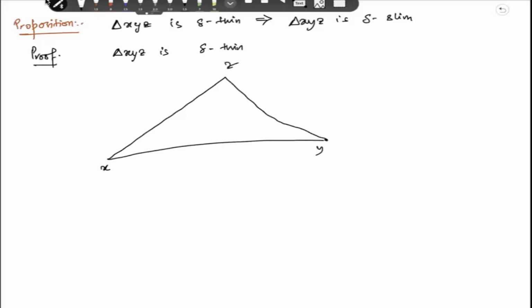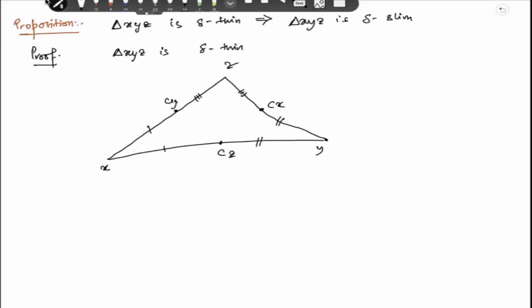You can split the triangle in the following way. Here you'll get points Cx, Cy, Cz. The distance between X and Cy is the same as the distance between X and Cz, the distance between Y and Cz is the same as the distance between Y and Cx, and the distance between Z and Cy is the same as the distance between Z and Cx.